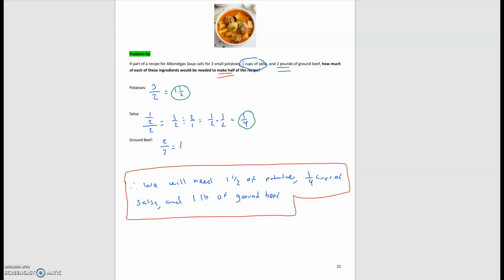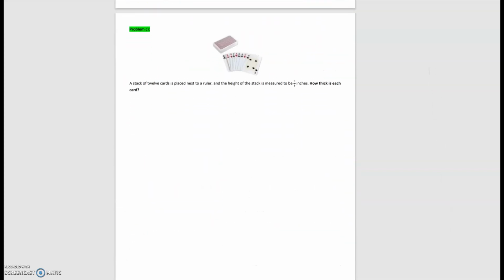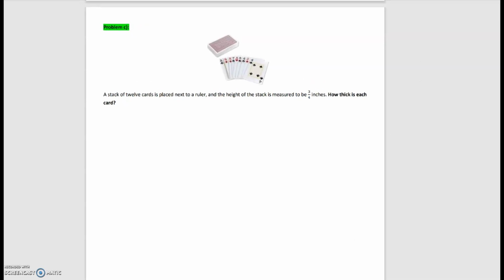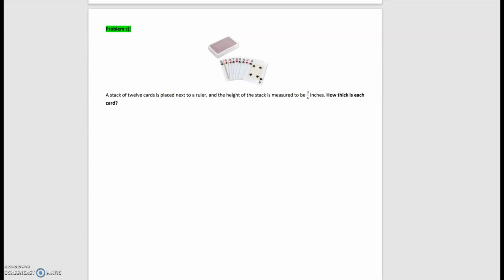Let's take a look at the next problem. In this situation, they're talking about 12 cards, and they make an actual height of 3/4 of an inch.